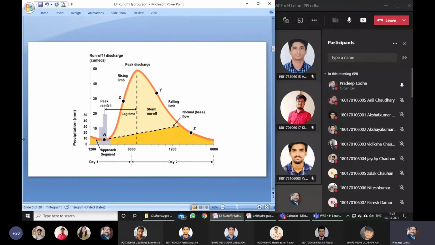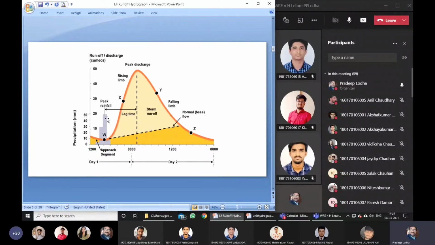So here we are understanding only the hydrograph. Hydrograph is nothing but a plot, a graph between discharge in cumecs, or depending upon the unit you are using, versus time. Here it is days and it may be hours also. So this is a hydrograph.